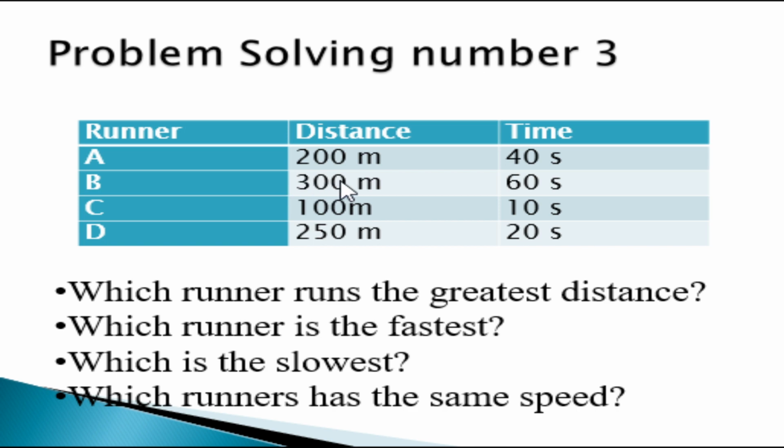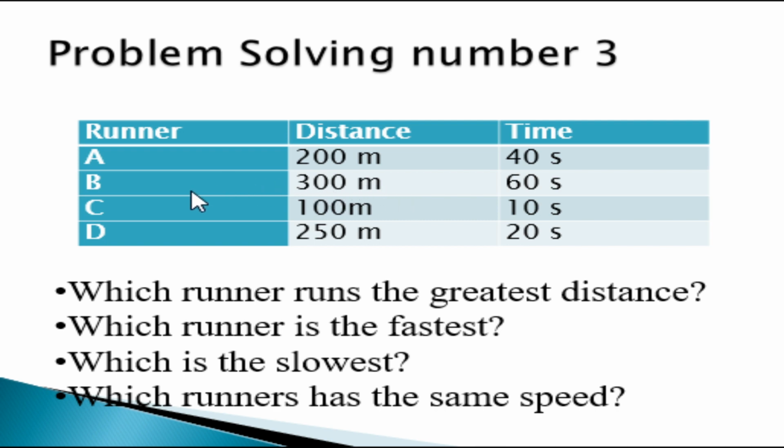Runner B, 300 meters in 60 seconds. Runner C, 100 meters in 10 seconds. Runner D, 250 meters in 20 seconds. The first question is which runner runs the greatest distance? By merely looking at the distance column, you will notice that runner B had a distance of 300 meters.